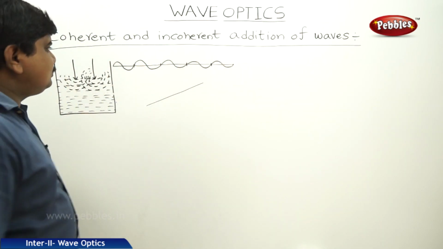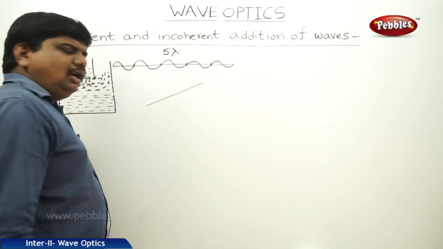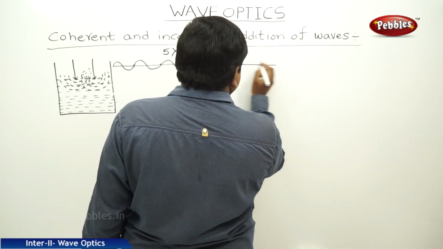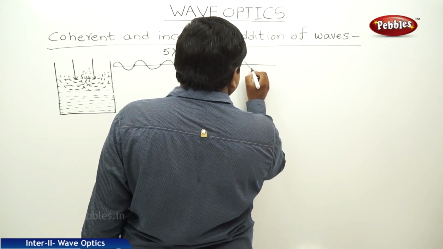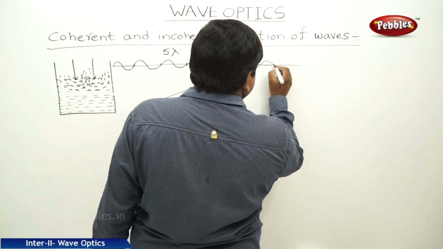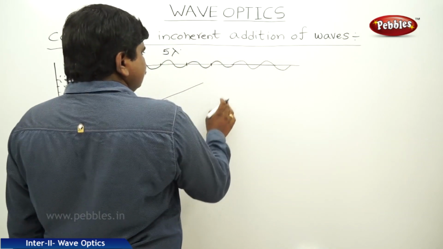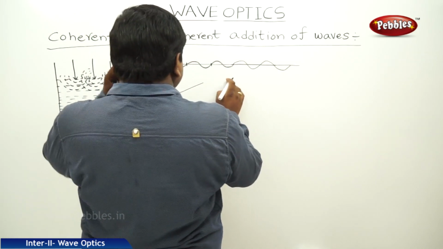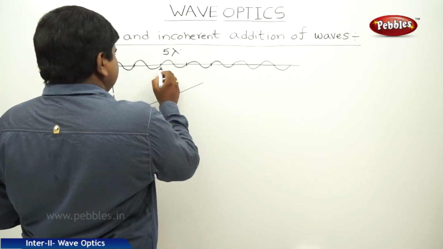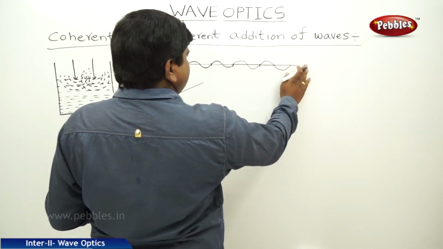The wavelength of this source is 5 lambda, or you can increase it to another wave pattern, 5, 6, 7.